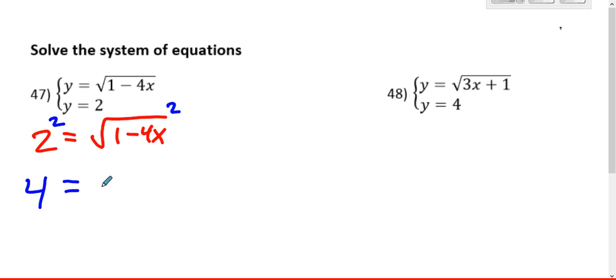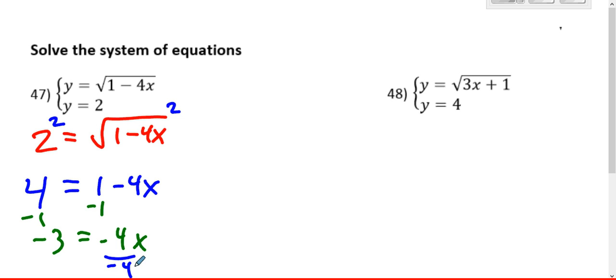So you get 4 equals 1 minus 4x. And you're going to solve for x. So subtract the 1. And then you divide by negative 4.